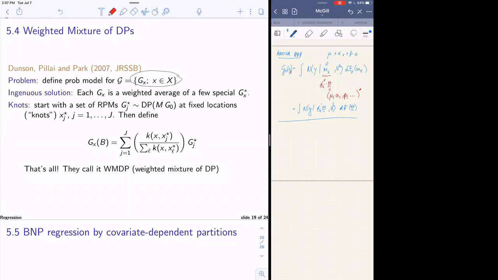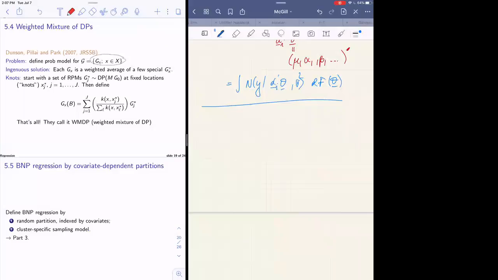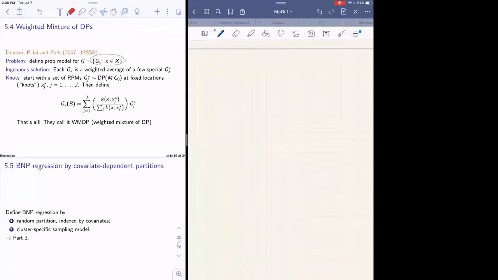Here's the trick. Maybe it's easiest to show in a picture. Let's draw this one with a slightly different arrangement. See, here is X1 and X2. What we want now is G, the family of random probability measures indexed by any pair X1, X2.